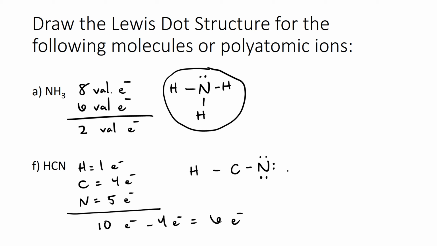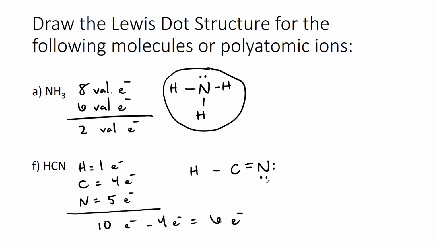If we look at this right now and try to see if we've completed the octet rule for each of the elements, we'll see that we haven't. Although nitrogen has its 8 electrons, carbon only has 4. So in order to correct that, we can take these 2 electrons from the top and make a double bond between C and N. Nitrogen still has 8 electrons, but carbon only has 6.